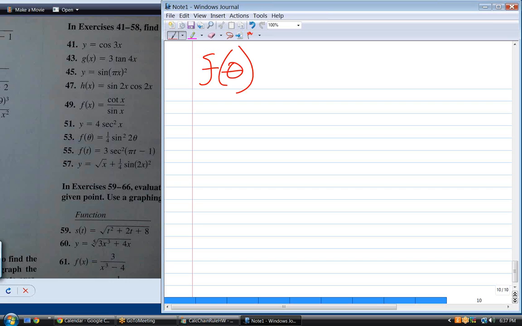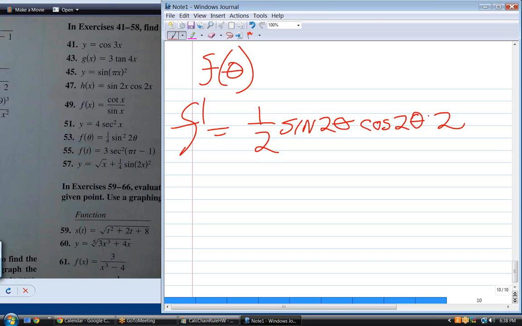So it'd be 1/2 sine of what? 2 theta times cosine 2 theta times 2.